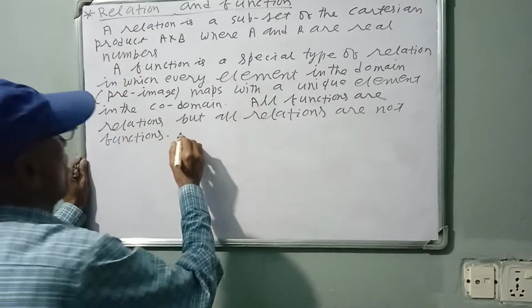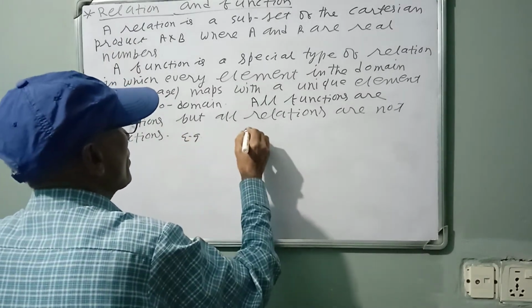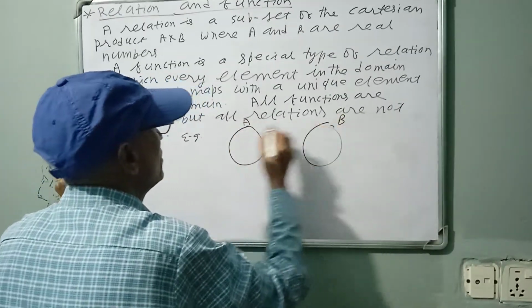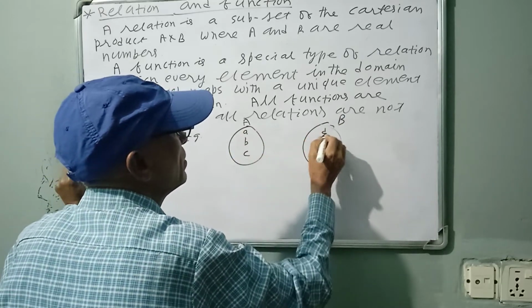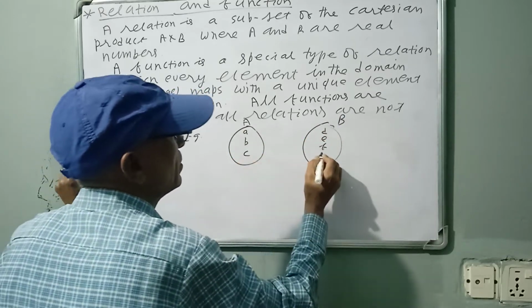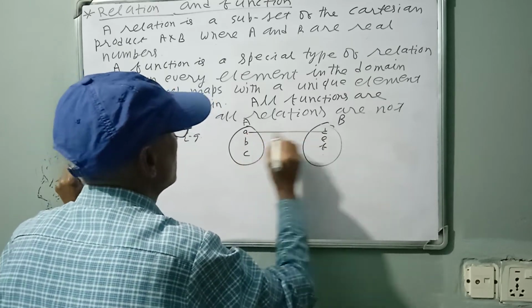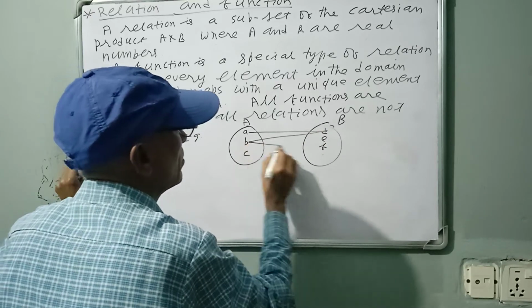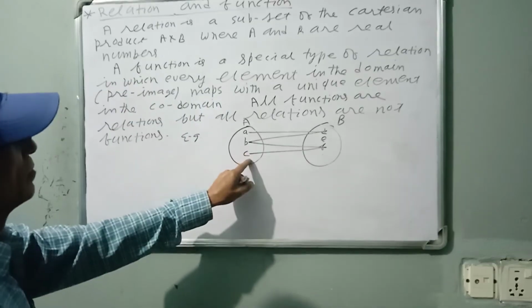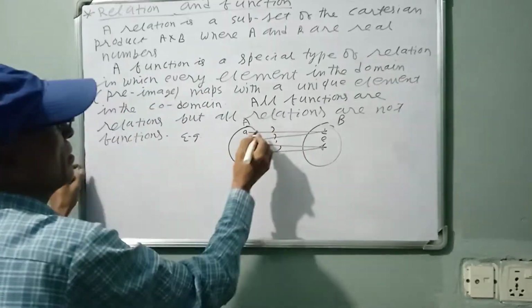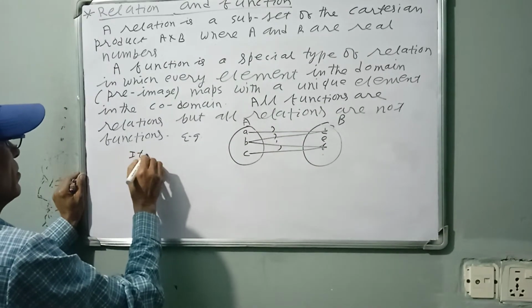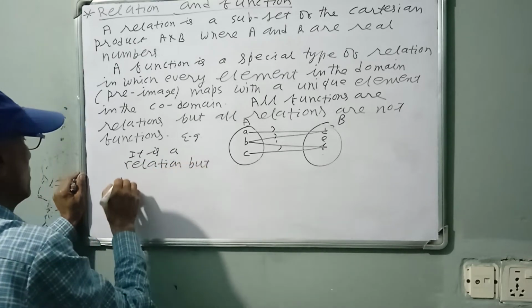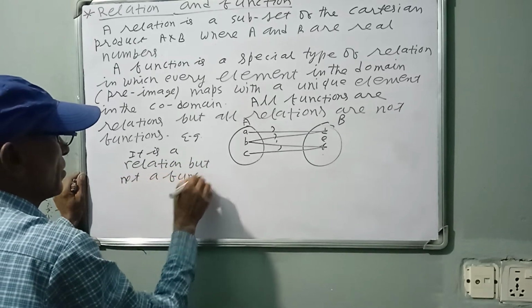For example, I would like to give one example. See, A, B, C, D, E, F. This is a relation, but not a function.